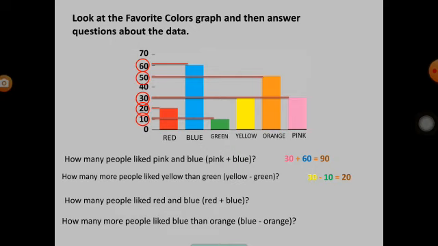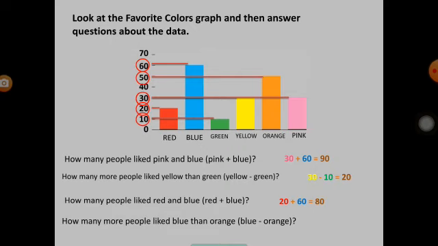The next question. How many people liked red and blue? I have in red 20 and in blue I have 60. So 20 plus 60 gives me 80.